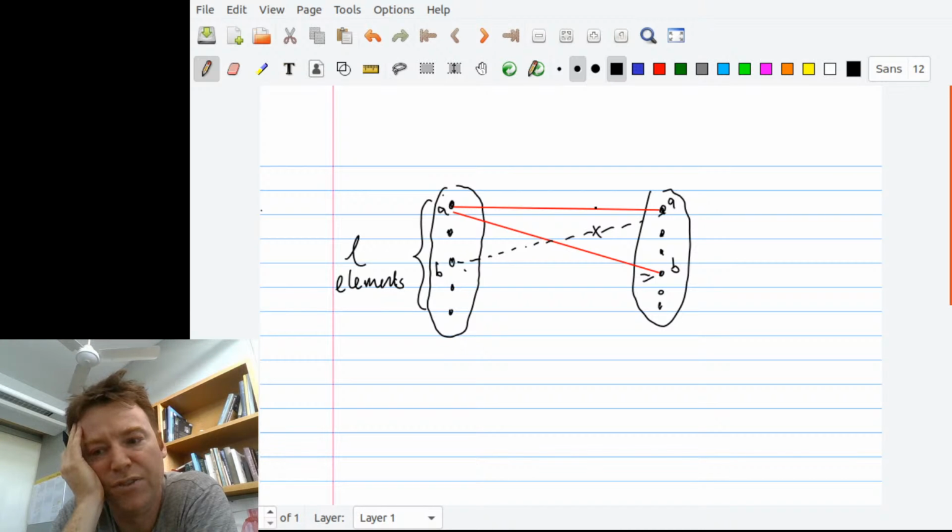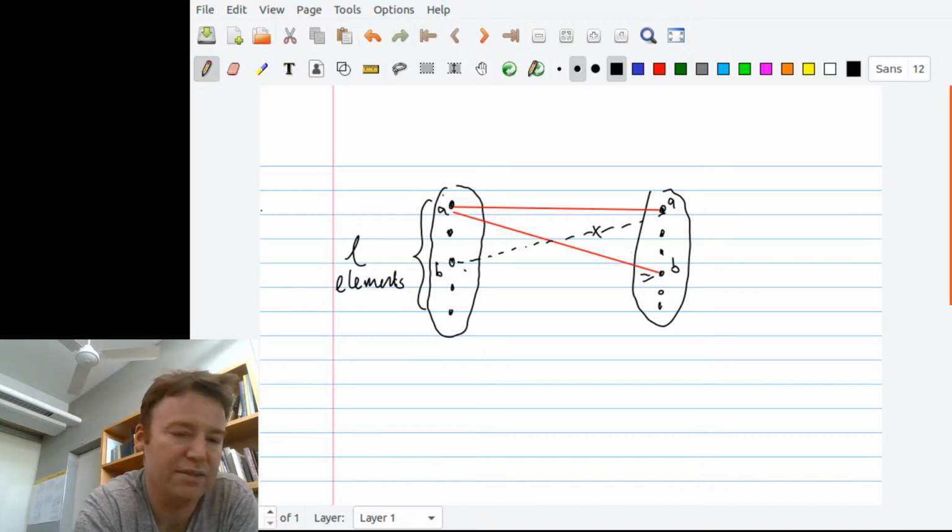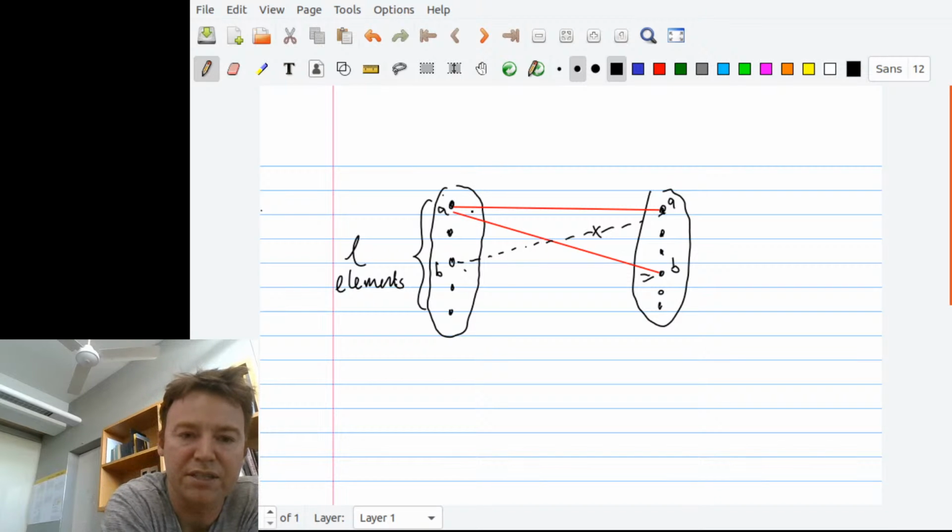For every n choose 2, we can either choose A to B, or B to A, or none of them, right? Oh, yeah, that's a nice way of thinking about it. So there's the possible arrows here, all the different arrows we could choose between these two things, kind of like a bipartite graph.